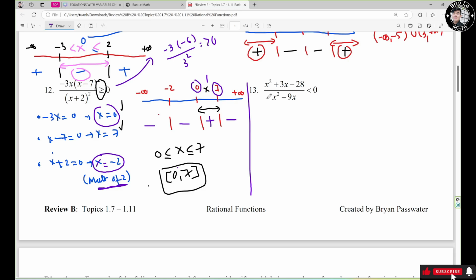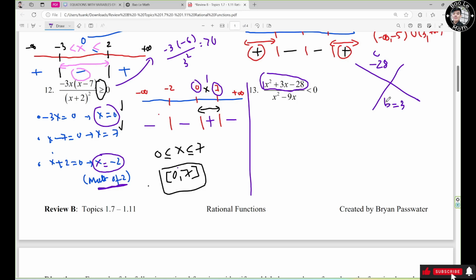Now number 13, we need to factor this one out, right? So s squared plus 3s minus 28. We're going to use the s method. Alright, now a equals 1, b equals 3, and c equals negative 28, right? So we're going to put negative 28 right here, which is c. We put b right here, which is 3.